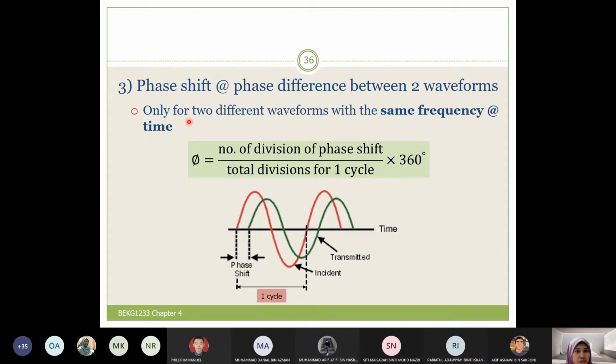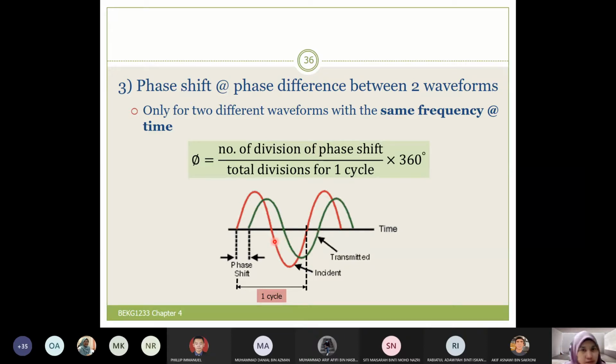Only two different waveforms with the same frequency or time can be compared. So when we want to compare two signals, the period for these two signals must be the same.